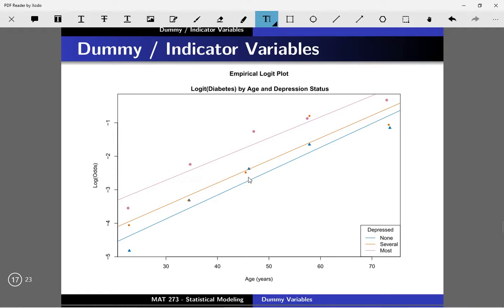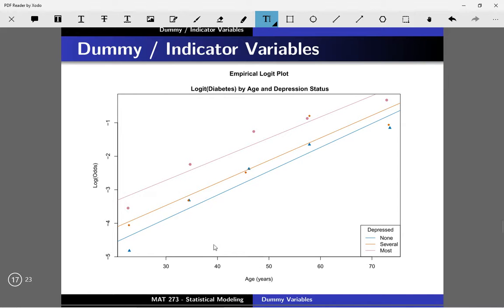One thing to note from this plot is that if these lines did not have the same slope, if they crossed, that would imply an interaction between depression status and age in years.